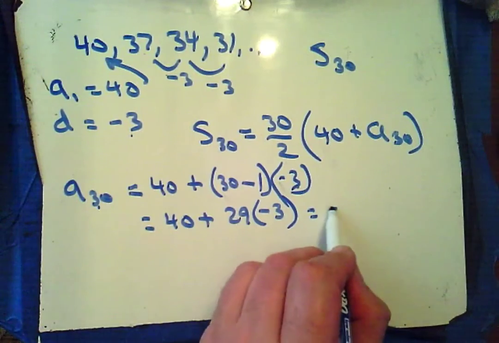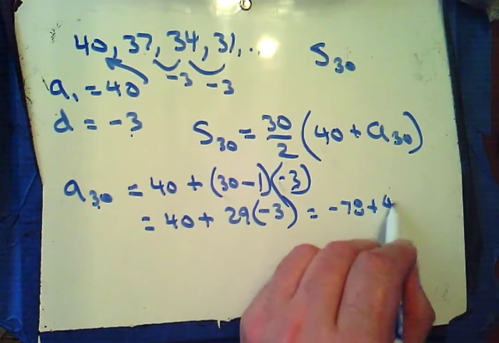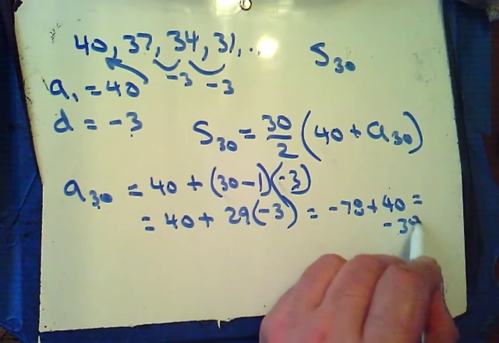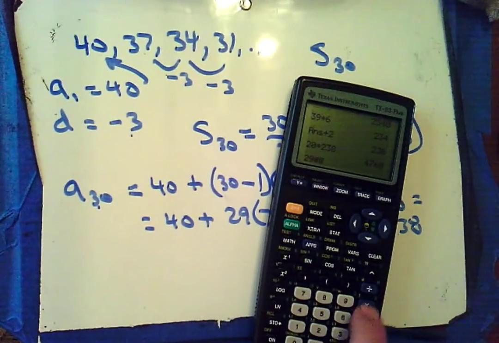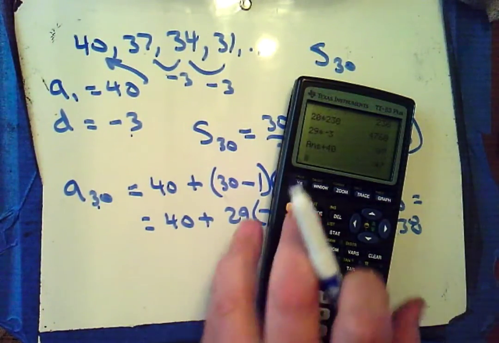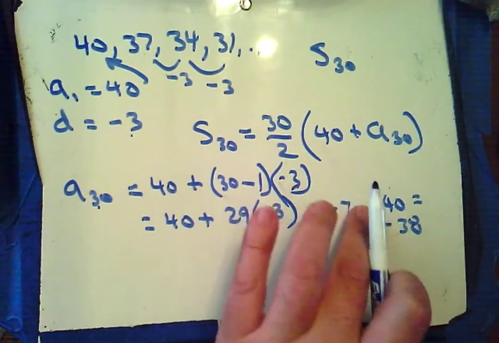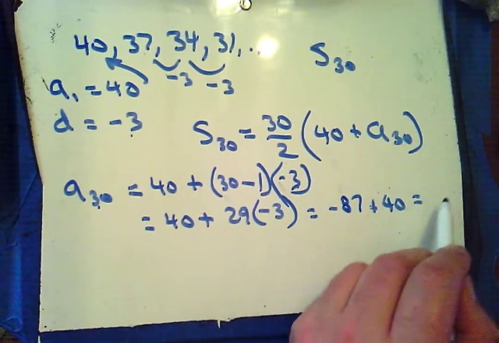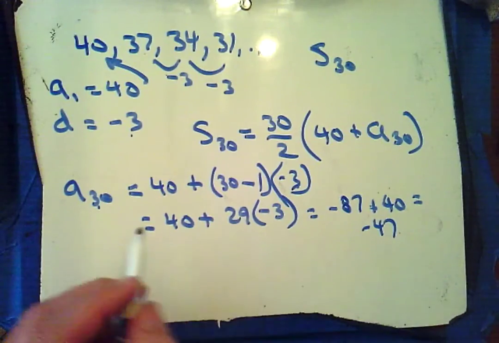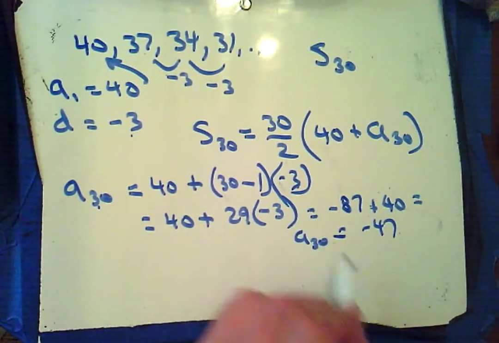That's negative 78 plus 40, which is negative 38. I believe, let's just check, 29 times negative 3 plus 40. No, it isn't. It's negative 47. And that's why it's good to check our work. All right, negative 47 is a sub 30.